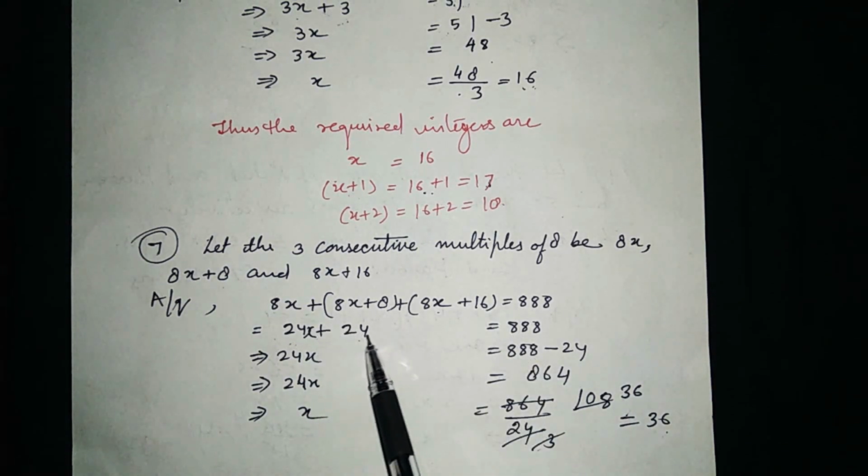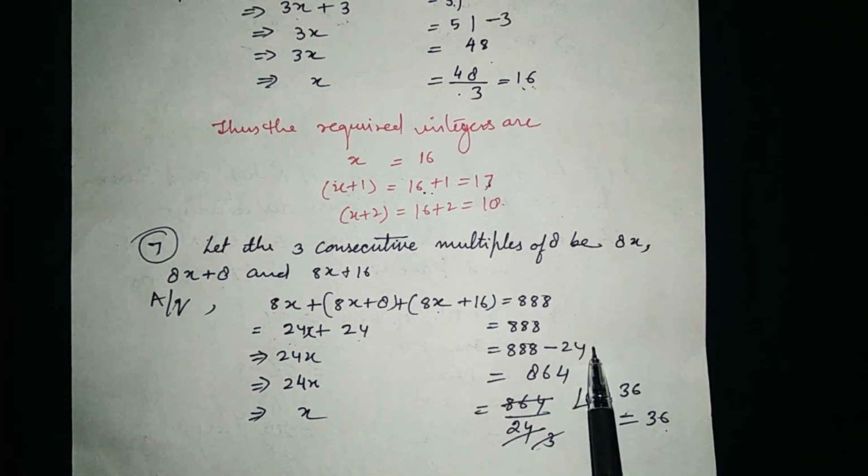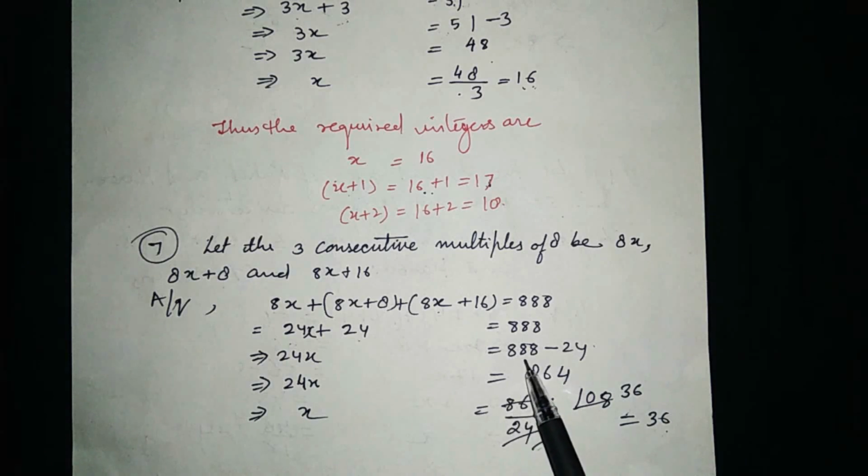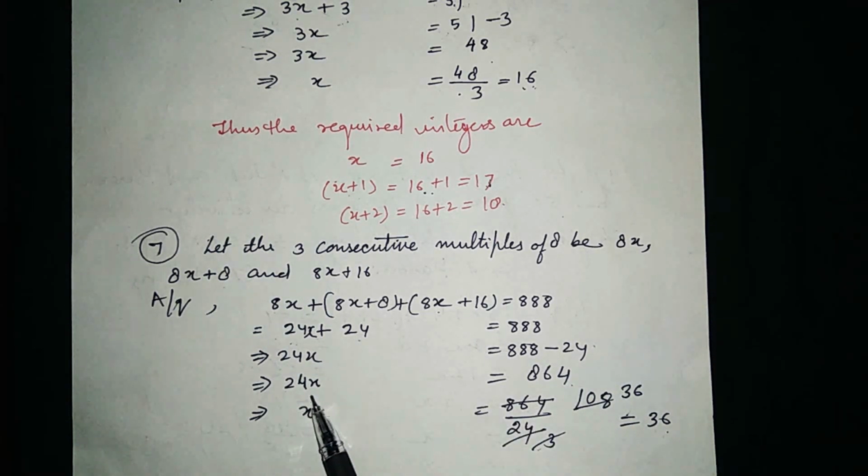Now we will transpose plus 24 to the right hand side, and then 24x is equal to 888 minus 24, 864 we will get. And now this 24 is in multiplication with this x, so we will transpose it to the right hand side. Then x is equal to 864 divided by 24.